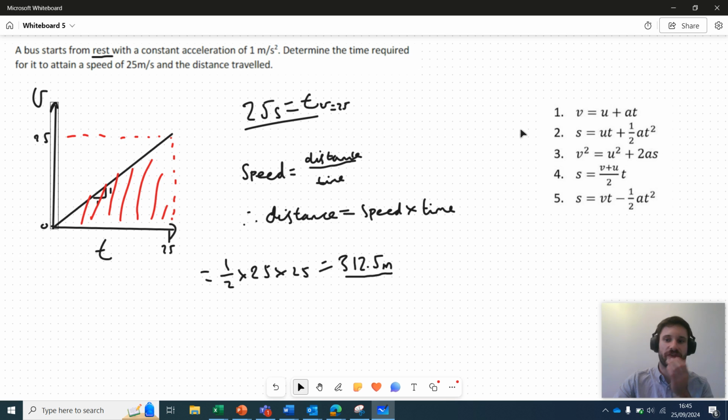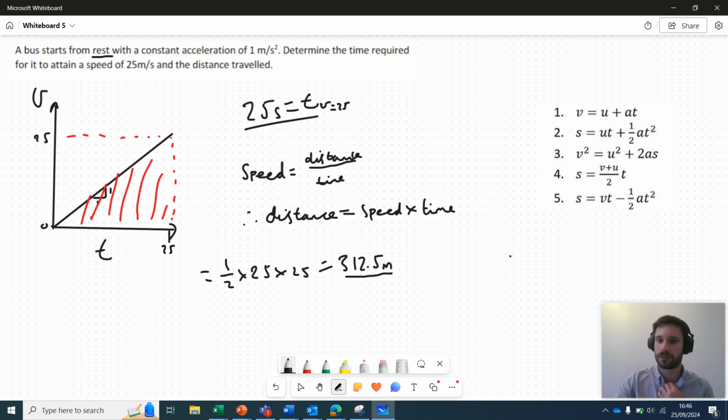We can also make use of these kinematic equations that I'm hoping you guys are familiar with. Once we've determined that the time taken is 25 seconds, you then have everything you need to calculate the distance traveled, right?